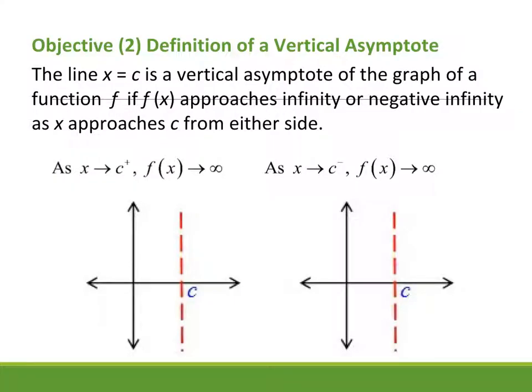Our second objective is to define vertical asymptotes. The line x equals c is a vertical asymptote of the graph of the function f if f of x approaches infinity or negative infinity as x approaches c from either side. So, x can approach from the positive side, and f of x can approach positive infinity, or it can even approach positive infinity going from the left side.